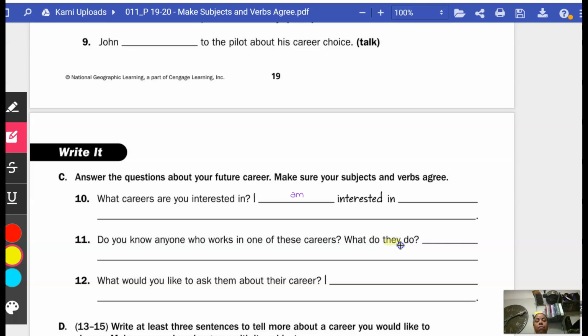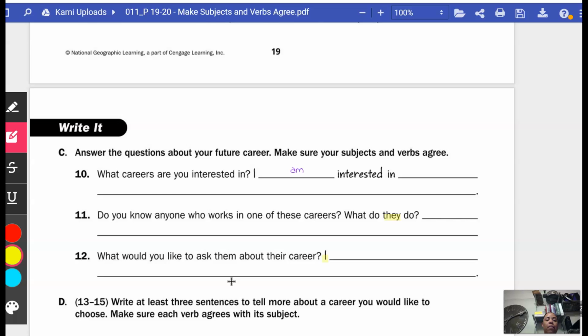So whatever you type on the lines, make sure you use a plural verb to talk about they. What would you like to ask them about their career? Again, you have the pronoun I. I is singular. So you could say something like, I would ask them about, right? Okay. So here are some subjects. Hopefully that'll help you when you answer the question.